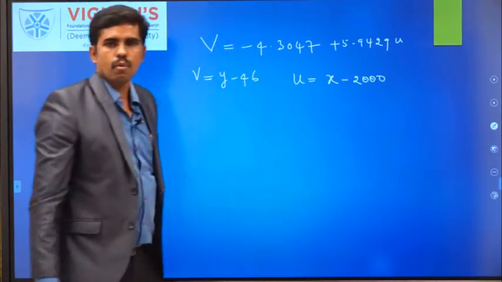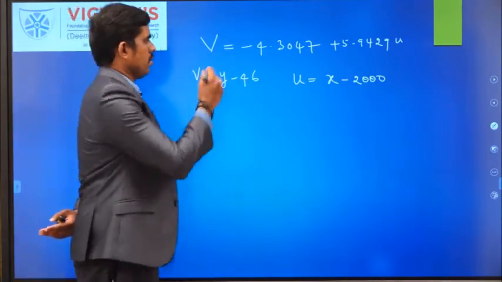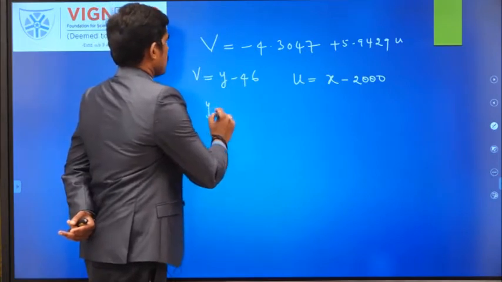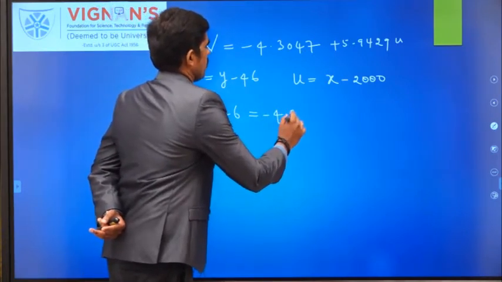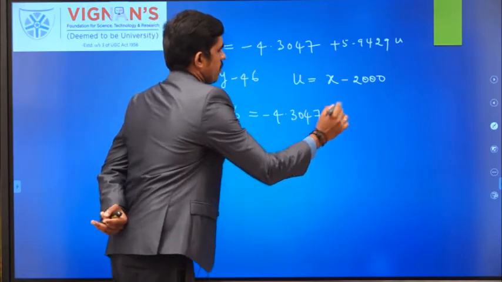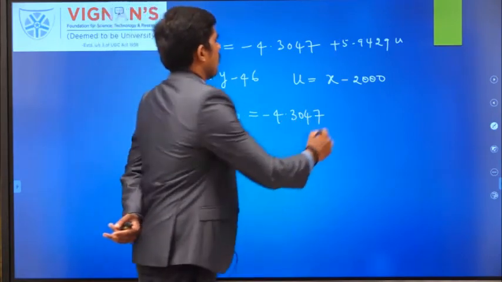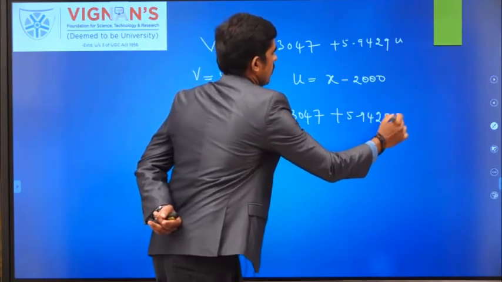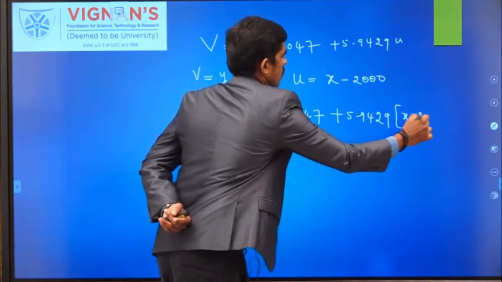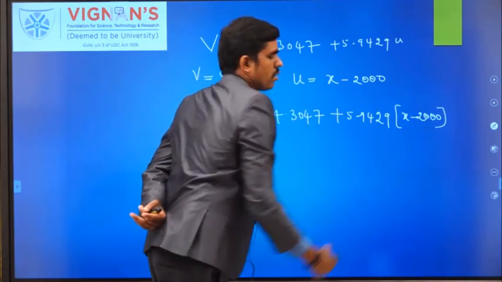I am going to substitute this in this straight line. So y minus 46 is equal to -4.3047 plus 5.9429 into (x minus 2000).